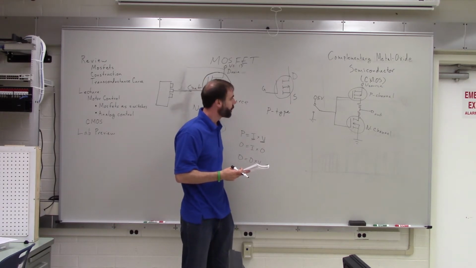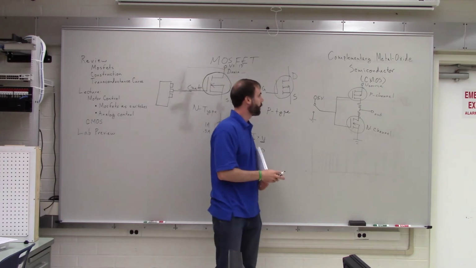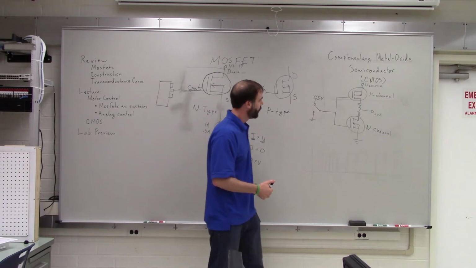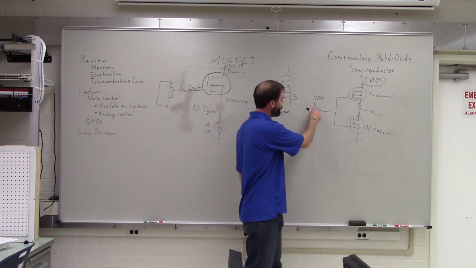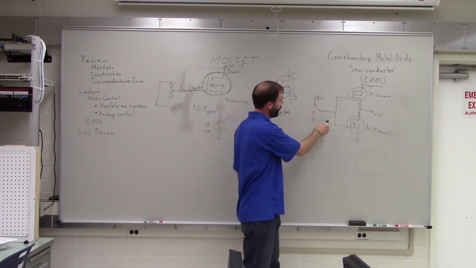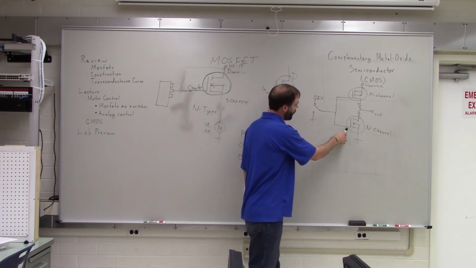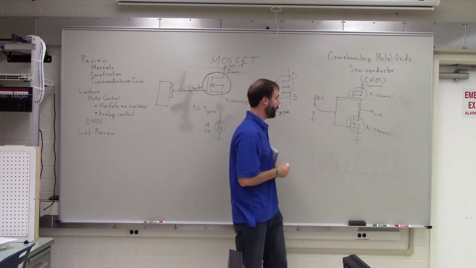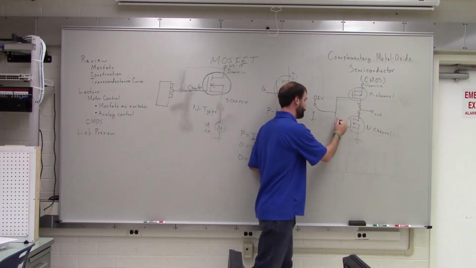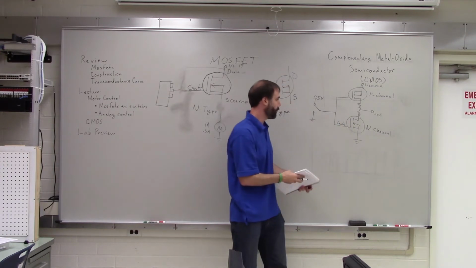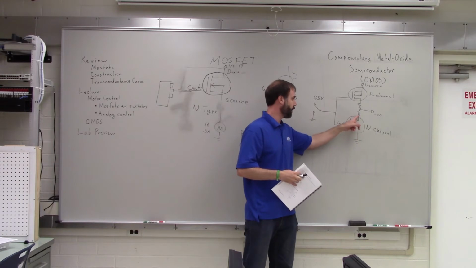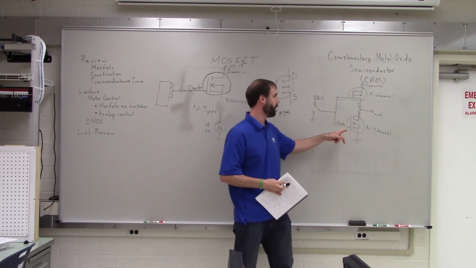So what happens is that when the switch is in this configuration, the voltage at the gate of the N-channel MOSFET is high. And when you have a high voltage at the N-channel gate, that allows current to flow through the N-channel MOSFET.